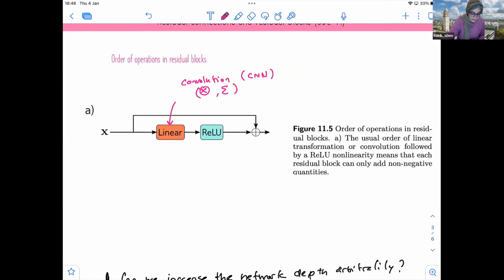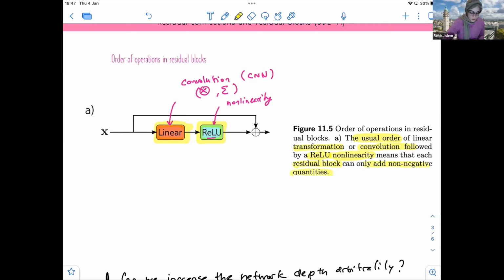And then we introduce nonlinearity, manifested for example by the ReLU function, okay? This is the typical or conventional order that we use in fully connected networks, MLPs, and CNNs. So the usual order of linear transformation or convolution, followed by a ReLU nonlinearity, means that each residual block can only add non-negative quantities.